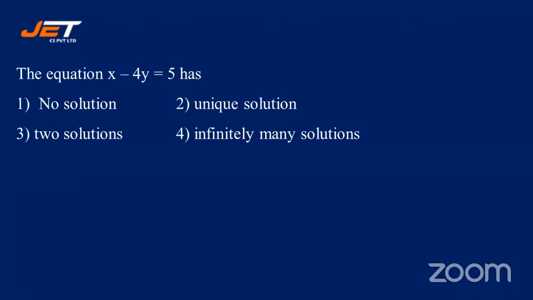All right, so see the question. It's very easy to understand. You have two variables, one is x, the other one is y. All right, so this kind of equation has what? What kind of solution? Is it no solution or unique solution or two solutions or infinitely many solutions?